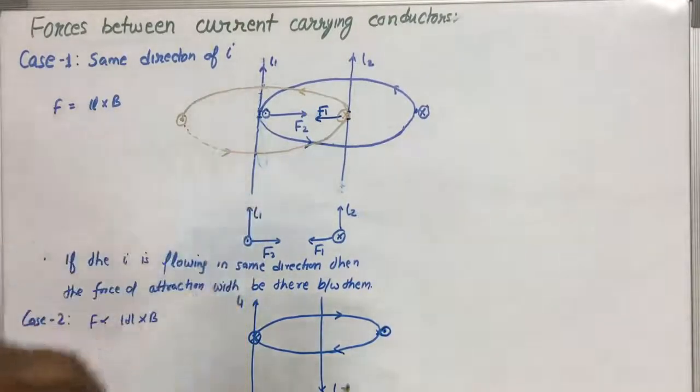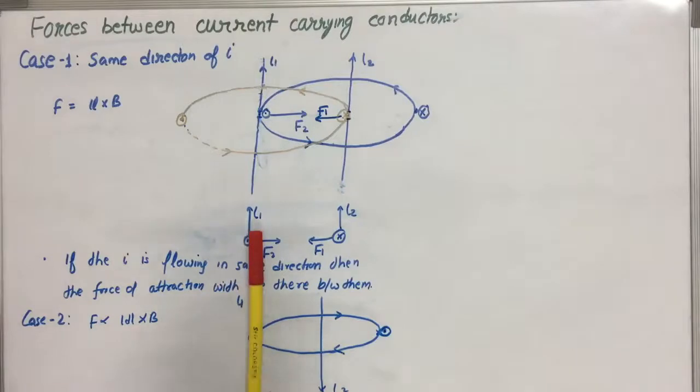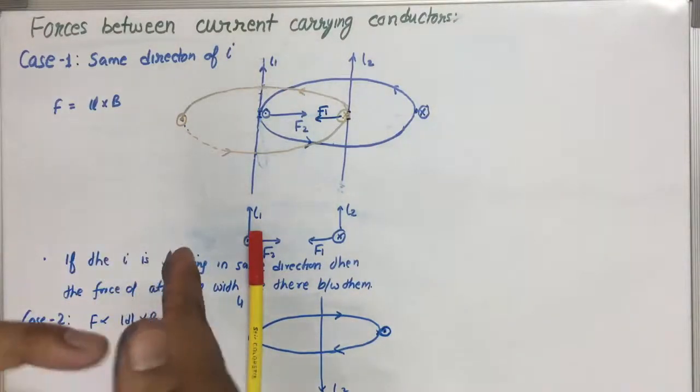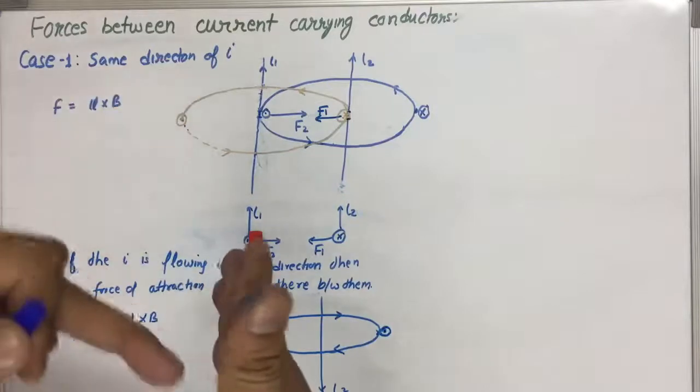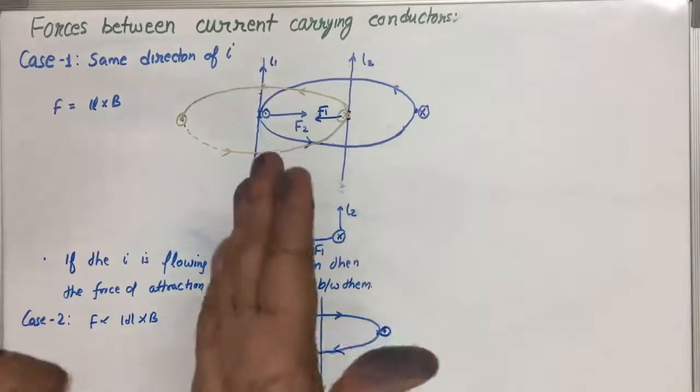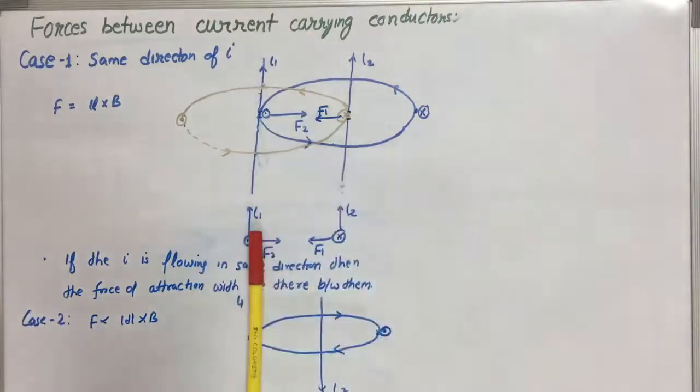So IDL will be in this direction, the field will be downward. The thumb will be in the direction of the current, and the fingers will be in the direction of the field. The palm will give us the direction of the force.